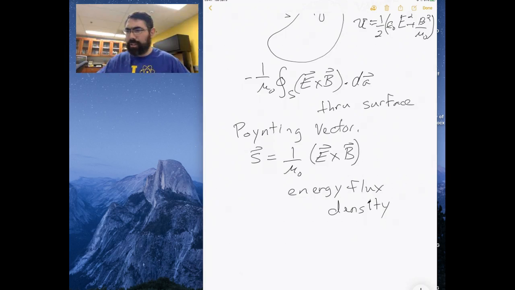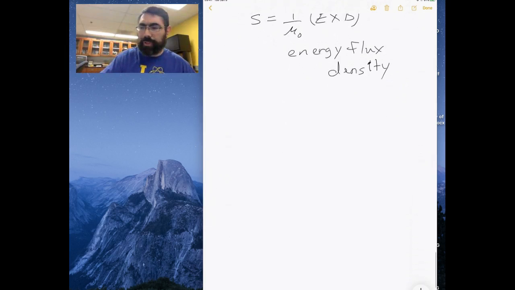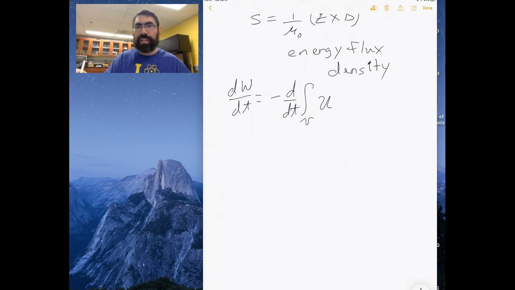So in the end, the power equation that we get is minus d/dt of the integral over the volume of the energy density, minus the energy through the surface of the Poynting vector, right here.